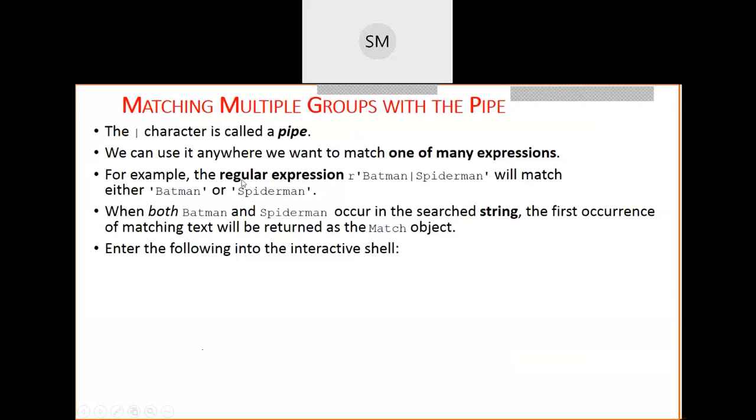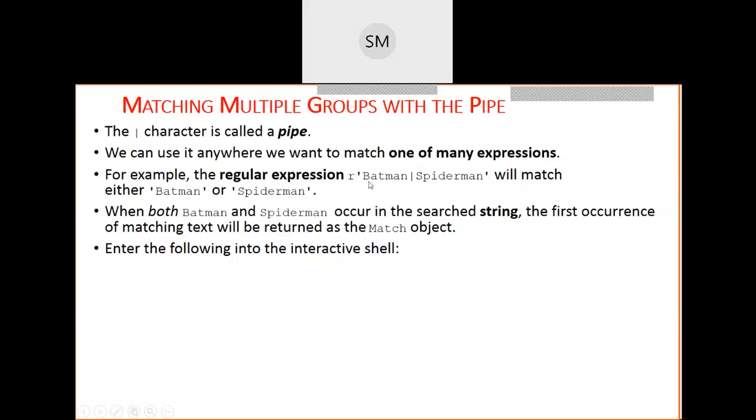For example, the regular expression is like this: Batman pipe Spider-Man. This complete string we have made a raw string. Even though there is no backslash or escape character here, for the safer side we have written it as r.